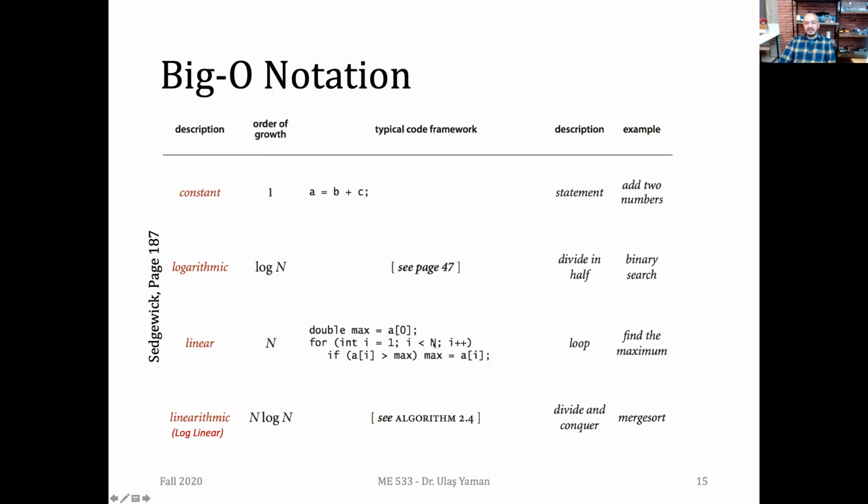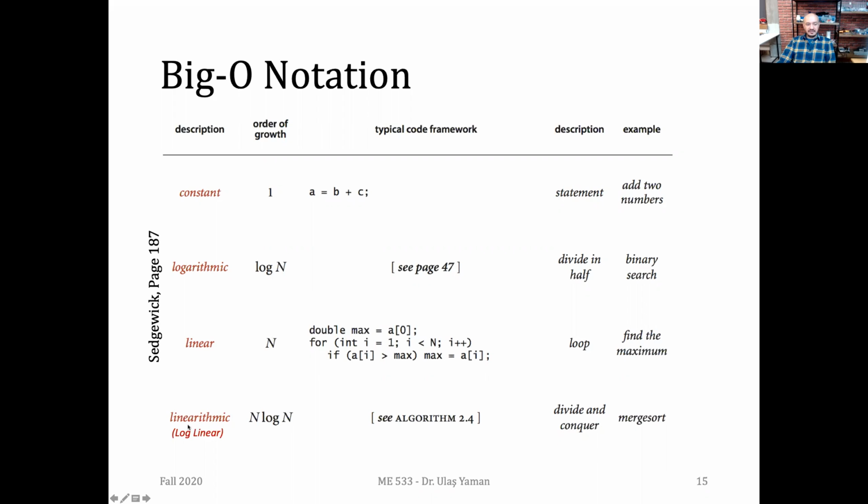So there's a linear relationship, and the time complexity of that implementation is linear. For instance, here is an example finding the maximum value. And generally, once you see a loop, you can easily comment that the implementation is linear in time.